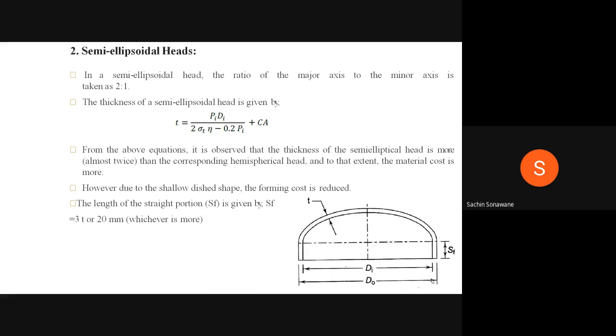Therefore, please draw the figure and write down the formula for the semi-ellipsoidal head.